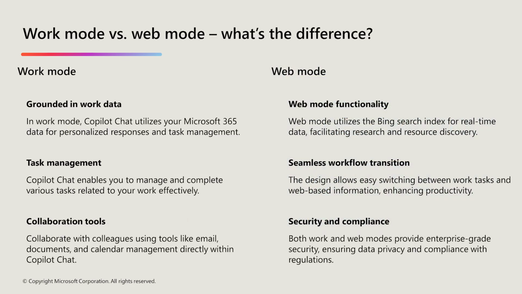So in that case, if I have a work mode, all the conversation is grounded on work data. My meetings, my documentation, my Teams, my tasks, my notes, everything is work-related and related to Microsoft 365. All the tasks that I have in terms of Outlook and the chat, it's going to be work-related. Collaborative, Teams, chat, email, work-related.